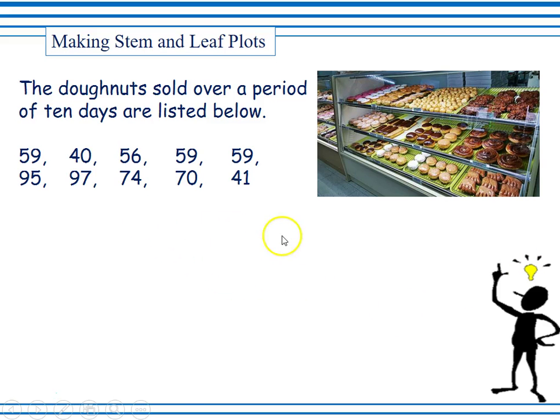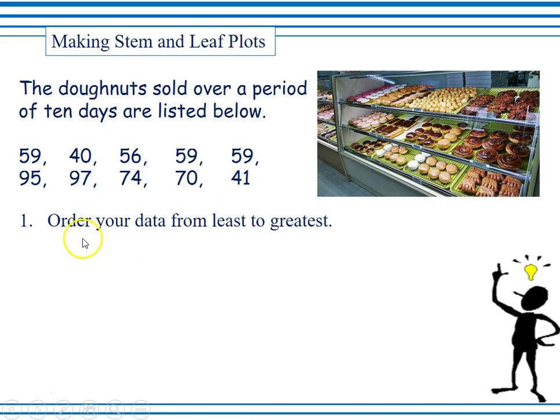Okay, so we're going to look at a problem of donuts sold each day over a 10-day period, and we're going to create a stem and leaf plot. So we know that over 10 days, on one day 59 donuts were sold, on another day 40 donuts were sold, on another day 56 donuts were sold, and we're trying to organize this information.